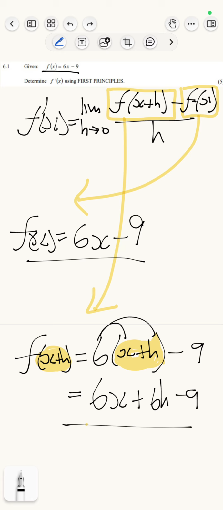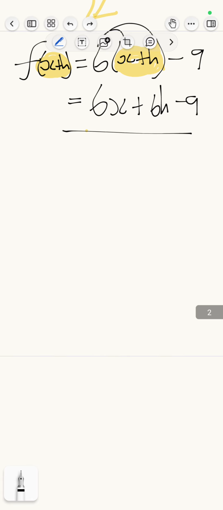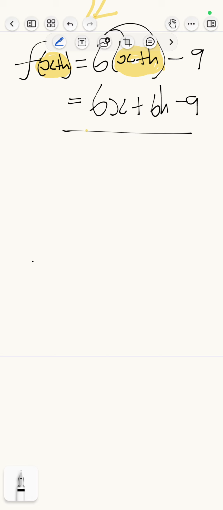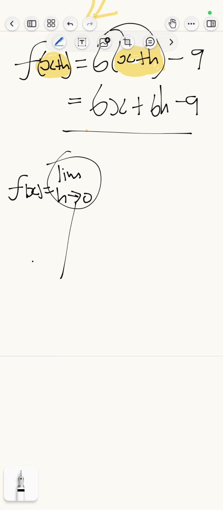I'm going to write down my formula for myself again quickly. f'(x) is equal to the limit as h tends towards 0. We're going to write this until we do the substitution of h, or until h disappears. I'll show you where it disappears.